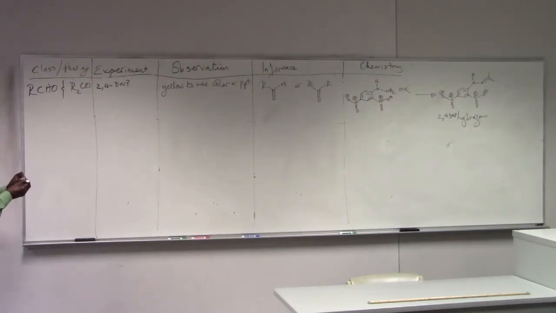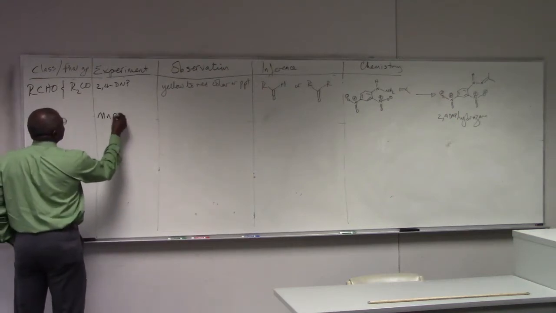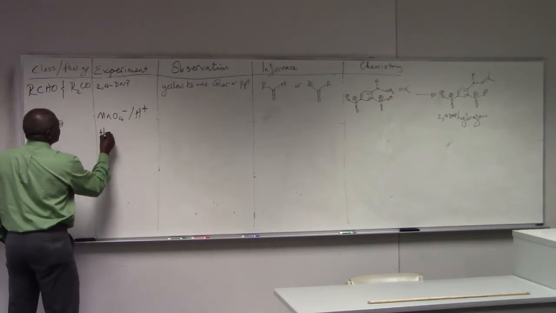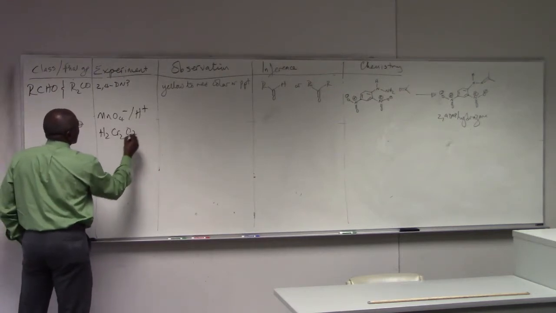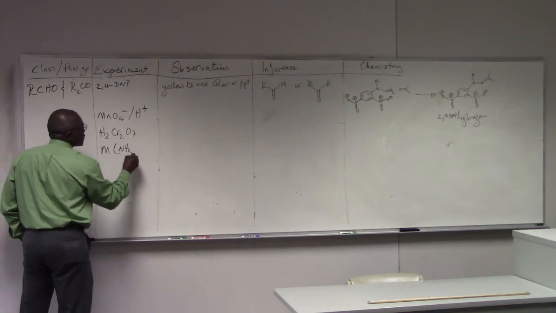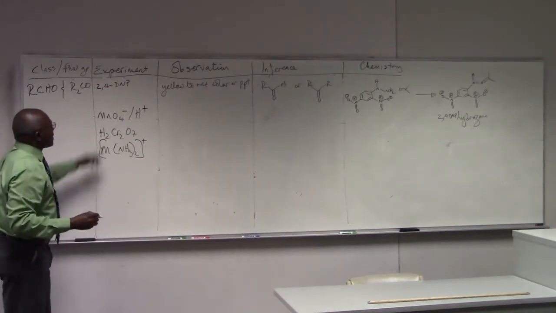Beyond the test for the carbonyl group, there are now specific tests for substructures of this type. So for example, if I treat it with acidified permanganate or chromic acid or with Tollens reagent, so I'm just going to write it as M because this can be Tollens or Benedict's or Fehling's solution.